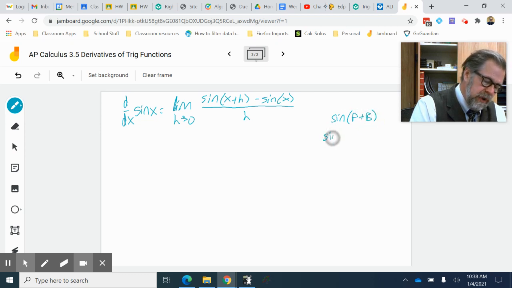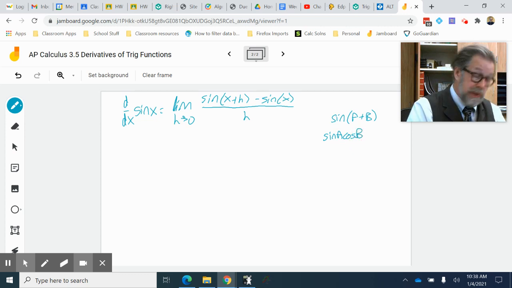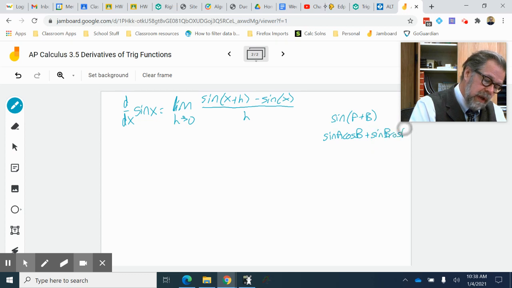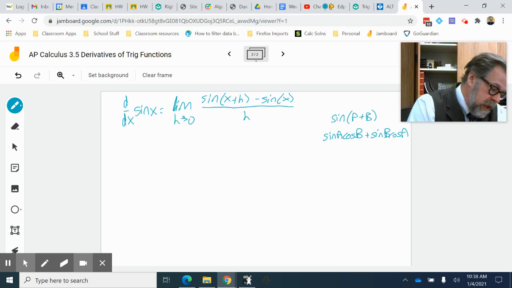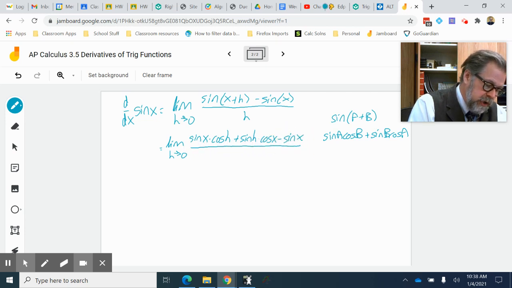Well, this is equal to sine of a cosine of b plus sine of b cosine of a, your angle sum identity. So we can write this as the limit as h goes to 0 of sine of x cosine h plus sine h cosine x minus sine x all divided by h.